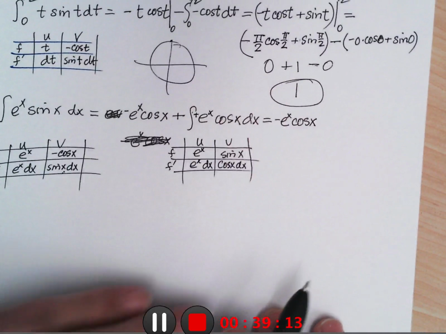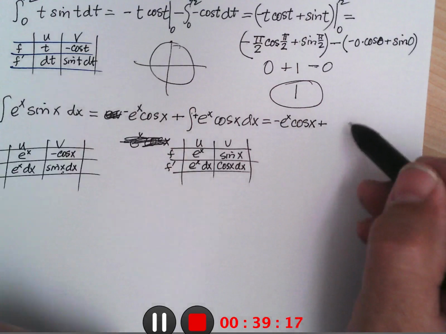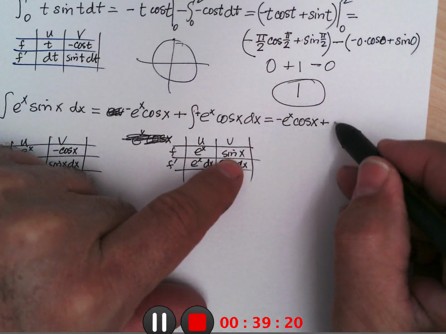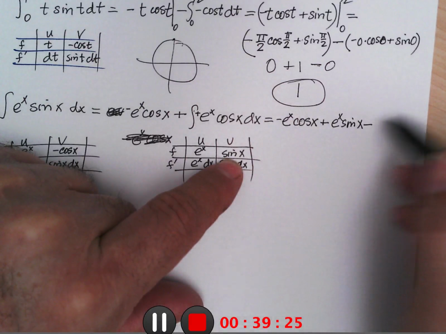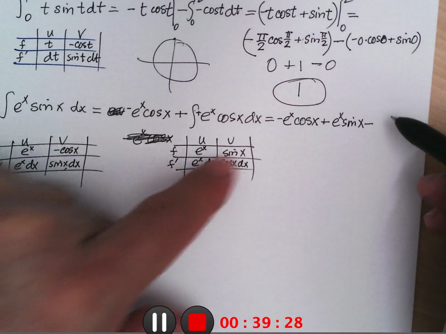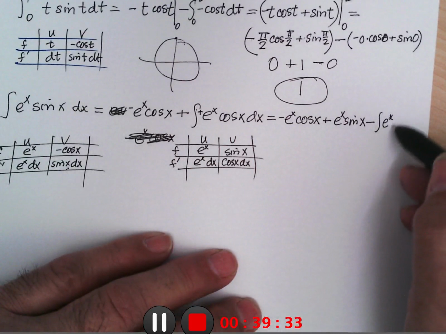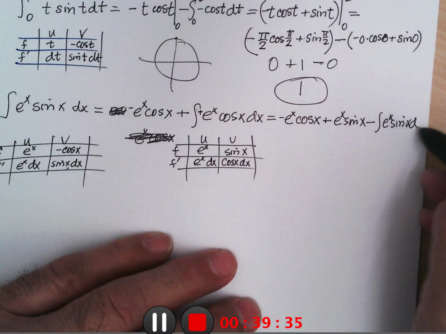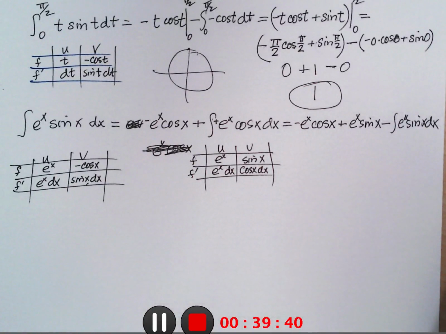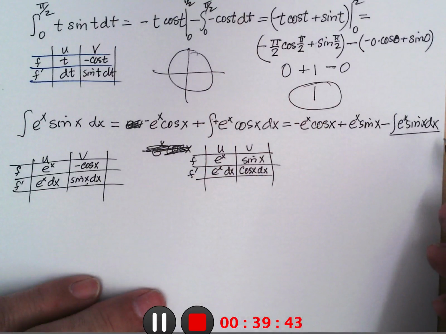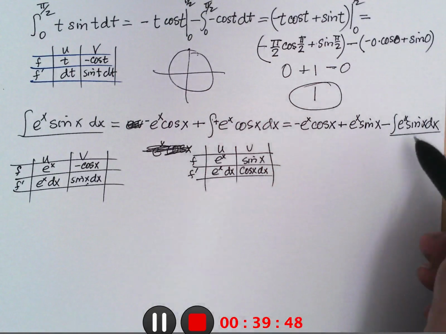And so I get, and this is plus, so it's plus uv, e to the x sine x minus the antiderivative of this way, which is e to the x sine x dx. Uh-oh. That is the same as what we started with. So if I try to do that by integration by parts, I'm going to just keep going.